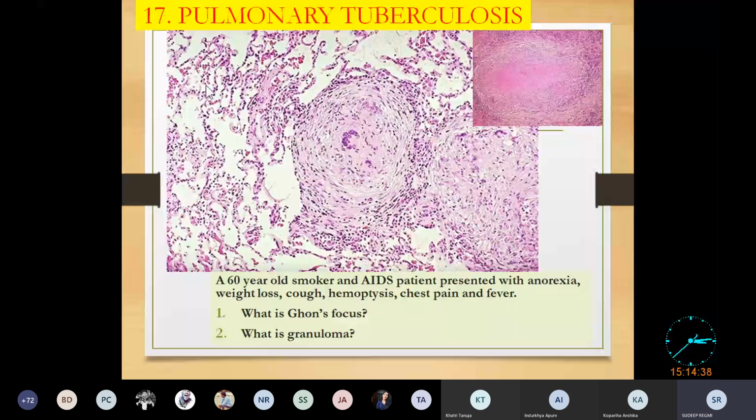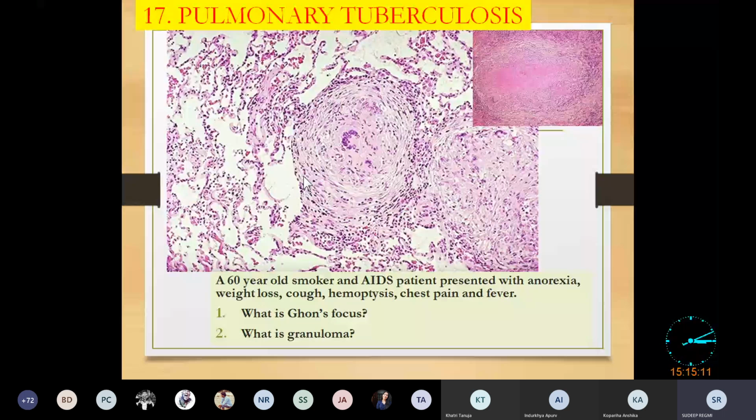Adjacent to the normal area where we see the multiple alveoli of the lung, there is presence of multiple epithelioid granulomas comprising epithelioid cells, Langhans type giant cells, and chronic inflammatory cells, mostly lymphocytes. This is a well-formed granuloma. There are multiple granulomas.